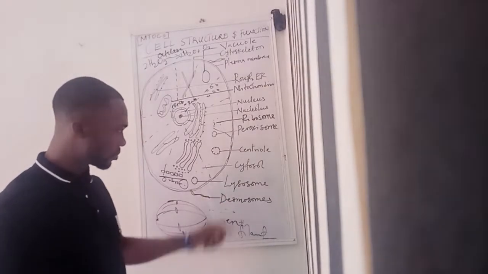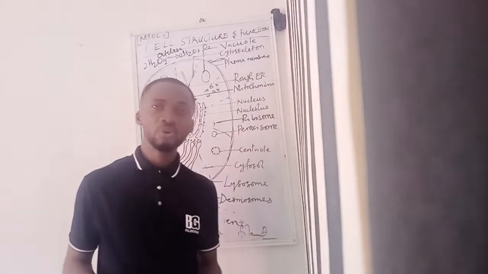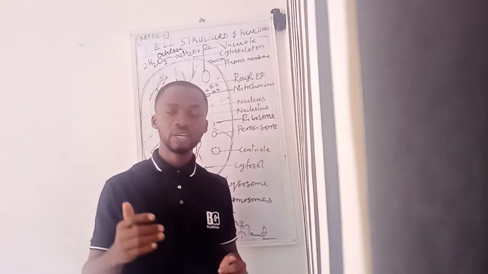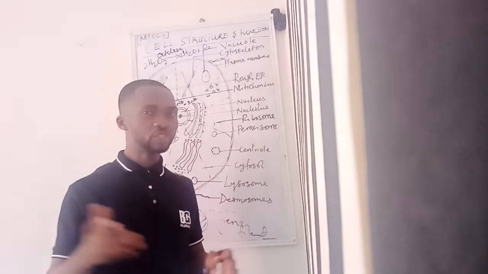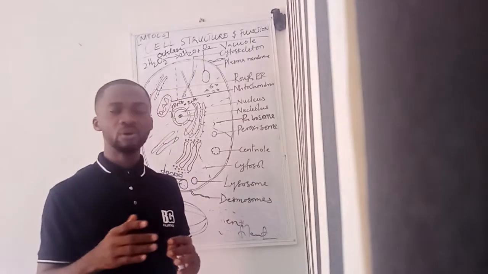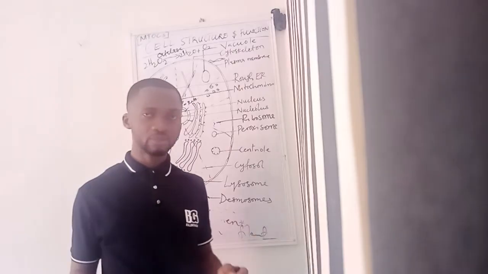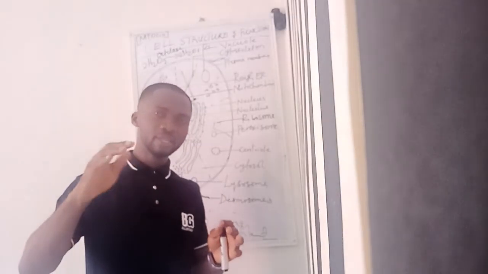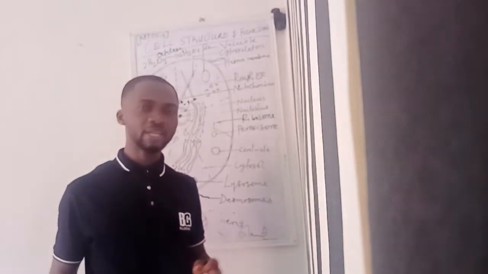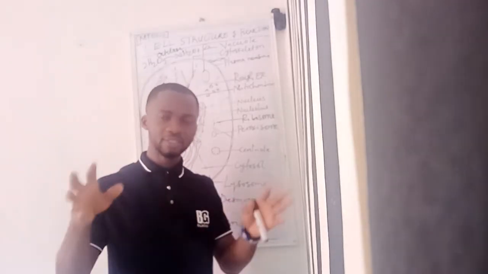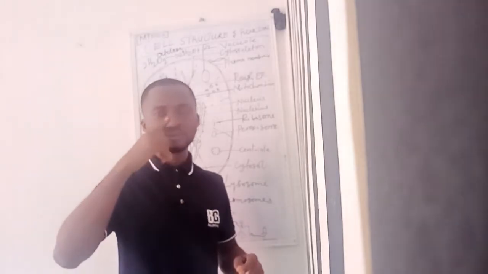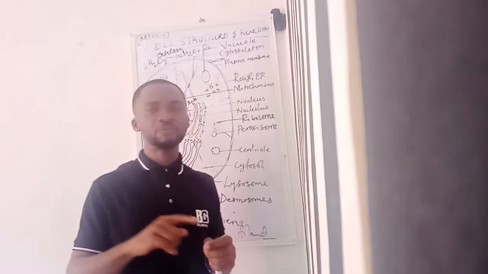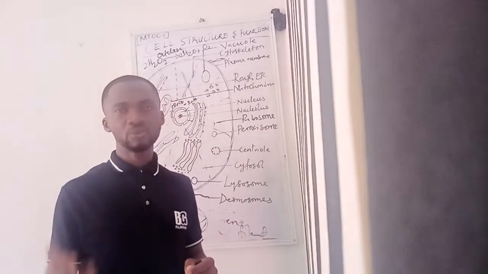Then we have the lysosome. The lysosome is also a membrane-bound organelle that helps in digestion of debris or molecules. For some organisms that feed through phagocytosis, like amoeba, they engulf food particles, and a membrane is formed around this food particle to form what is called a phagosome.